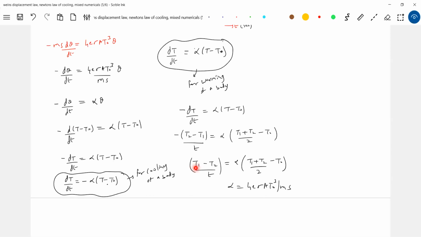What is this? Initial minus final. What is t? Time taken for the temperature of the body to decrease from T1 to T2. So how should you interpret this one? What is t?